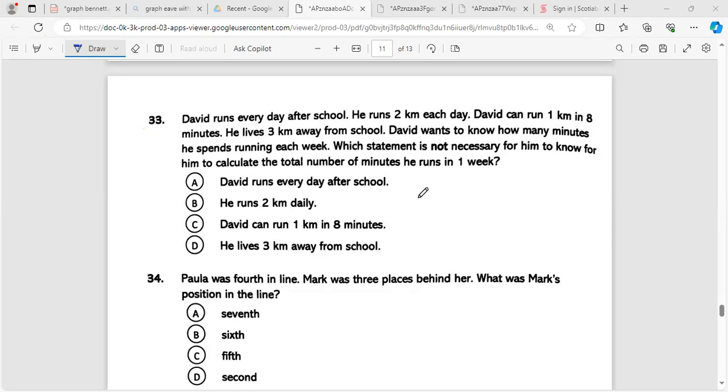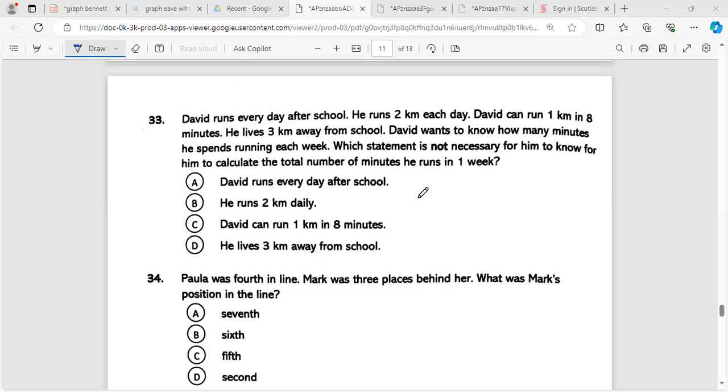So the 2 kilometers is relevant because it will tell you how many minutes you should multiply by to get 2 kilometers. That makes sense, what you just said. So what's your answer though?